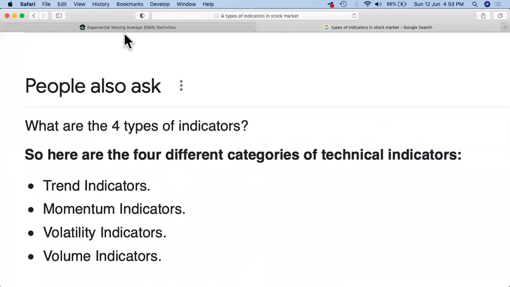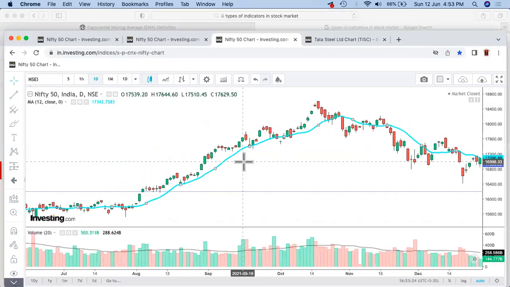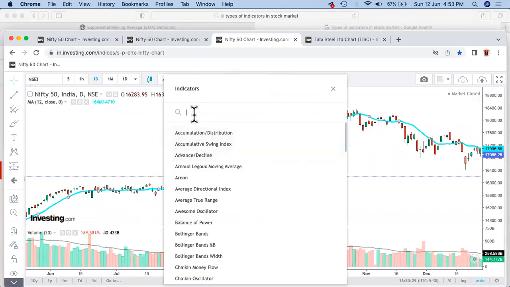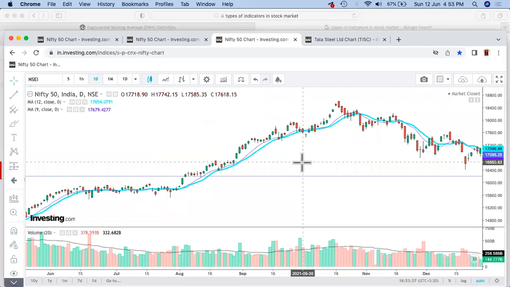So we saw this, and let's say we can have different kinds of moving averages together, and we'll go for one more moving average if you want. Try to see the difference.